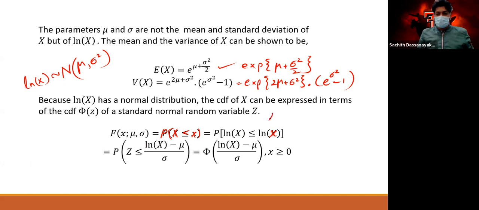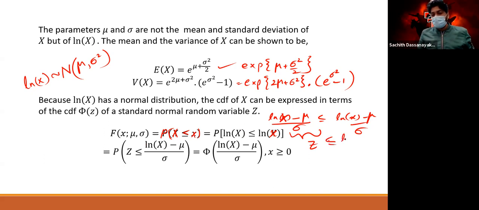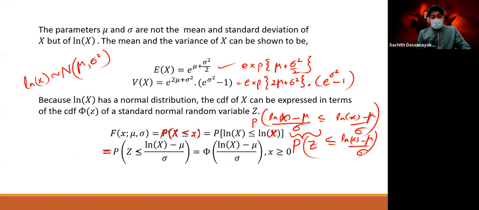Here it is ln X, and here ln x, minus mu divided by sigma on both sides. So this becomes Z, do you remember? And this stays the same. Now you have the probability that Z is less than or equal to ln x minus mu divided by sigma.